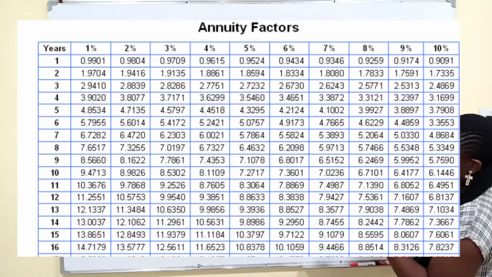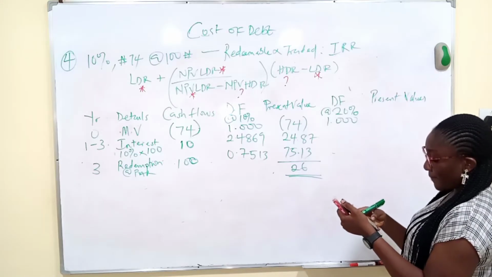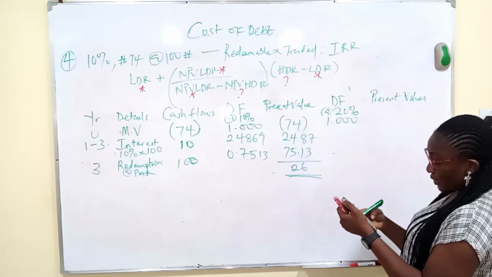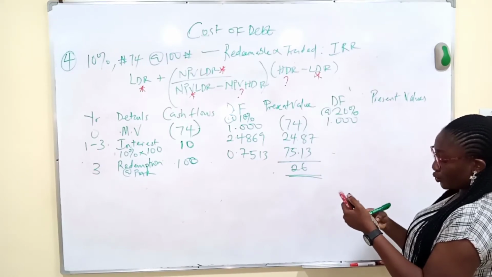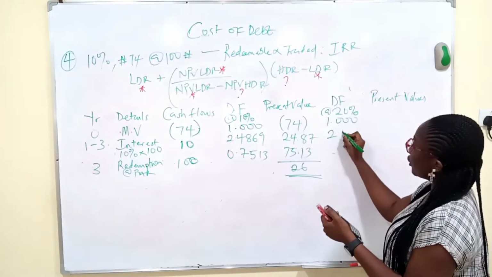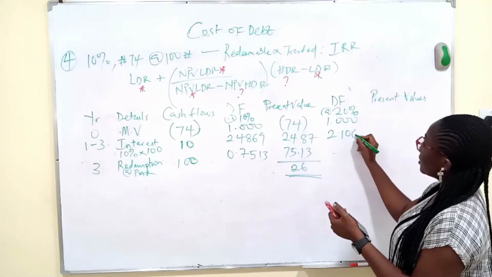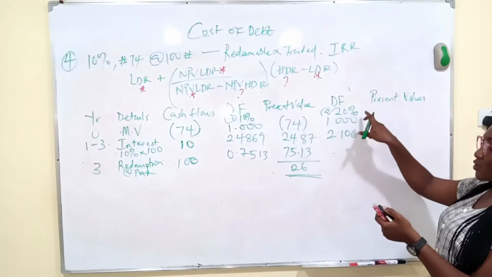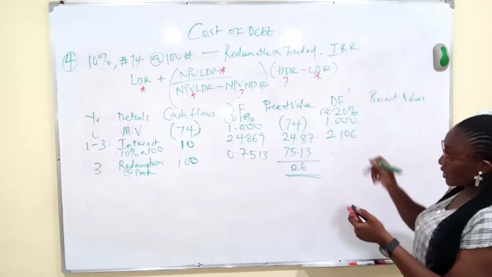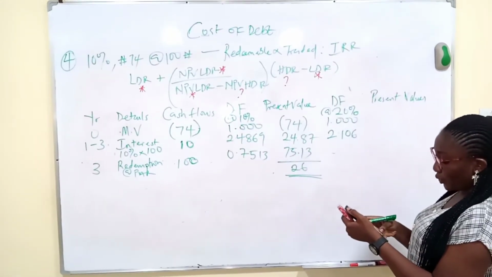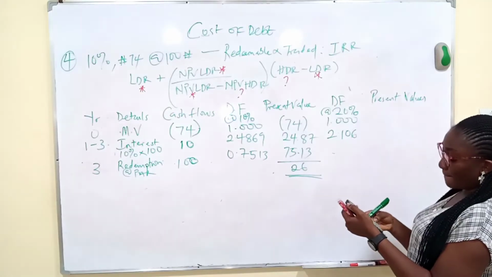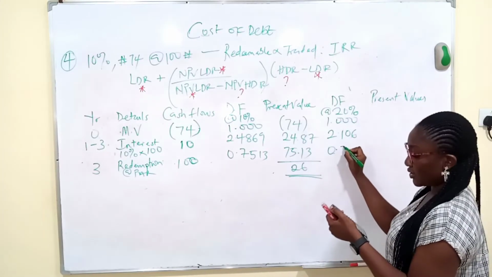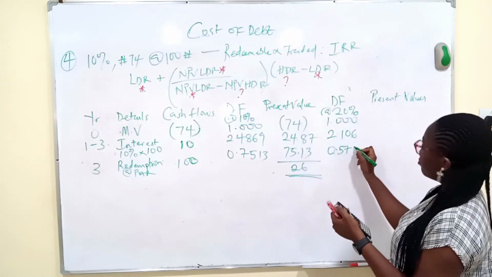You might know that it will be 1.2 raised to power minus 3, 1 minus answer, divided by 0.2. So I have 2.106. Now for year 3, the discounting factor at 20% discounting rate will be 1.2 raised to power minus 3. Straight up, 0.578.